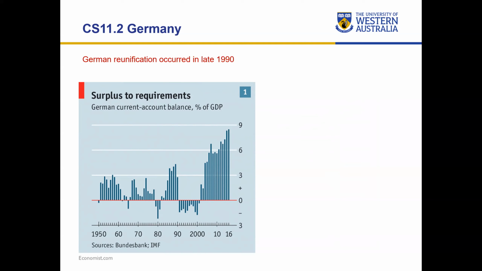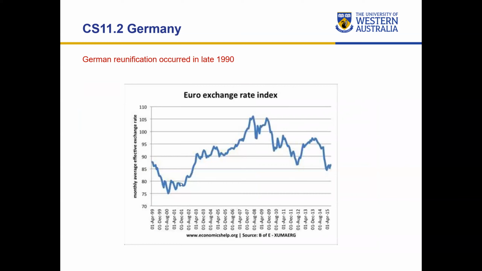Now, one thing that may be confusing at this point is how Germany went from a current account deficit to increasing current account surpluses if the exchange rate of the euro was appreciating over this time. And that might be a little bit hard to understand.